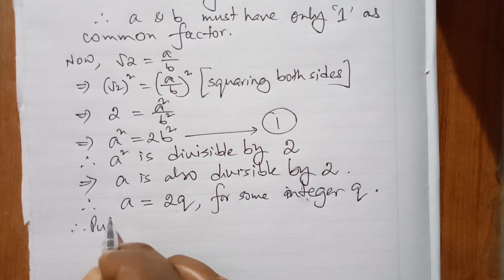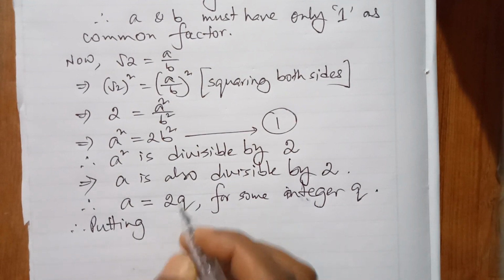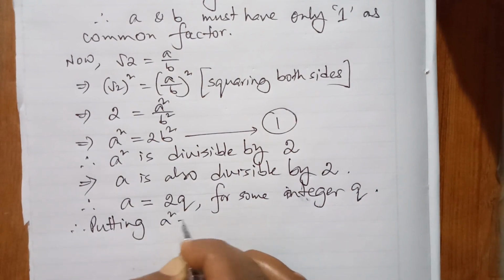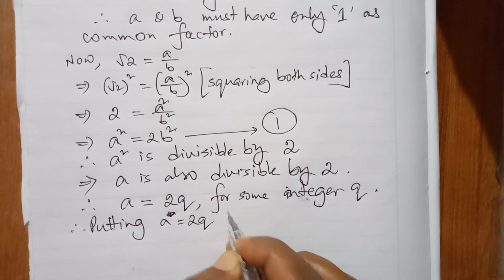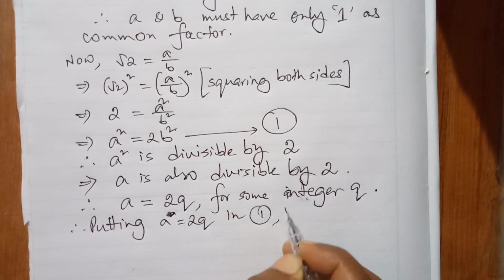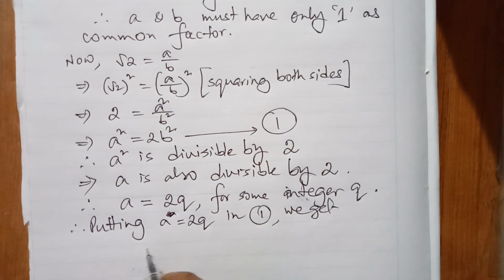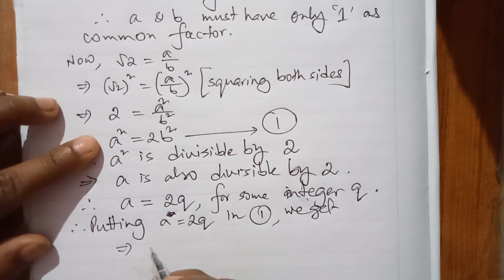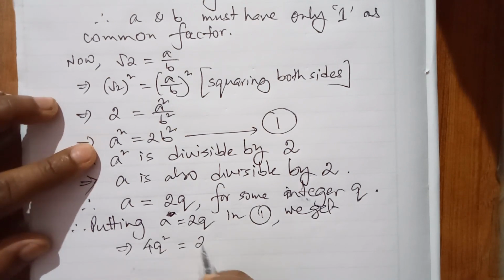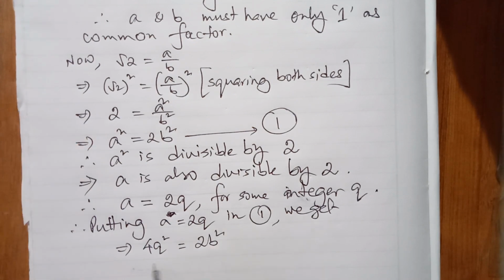Therefore, putting a equal to twice q in 1 we get 4q square equal to 2b square. So both sides 2 cancel, 2q square equal to b square.